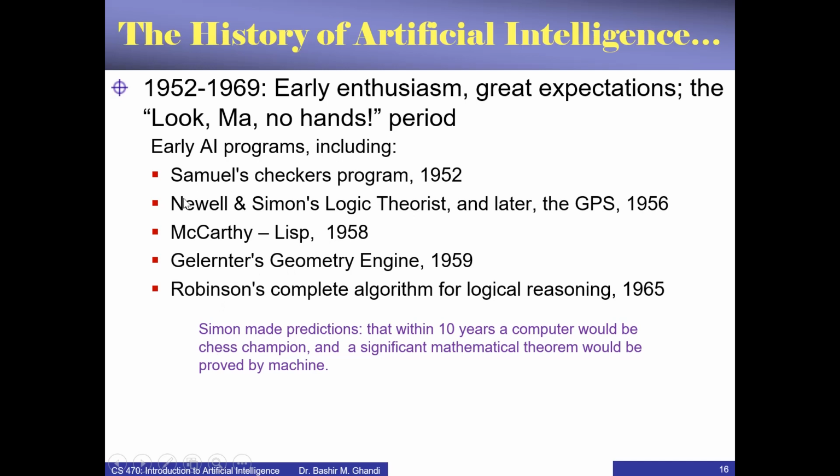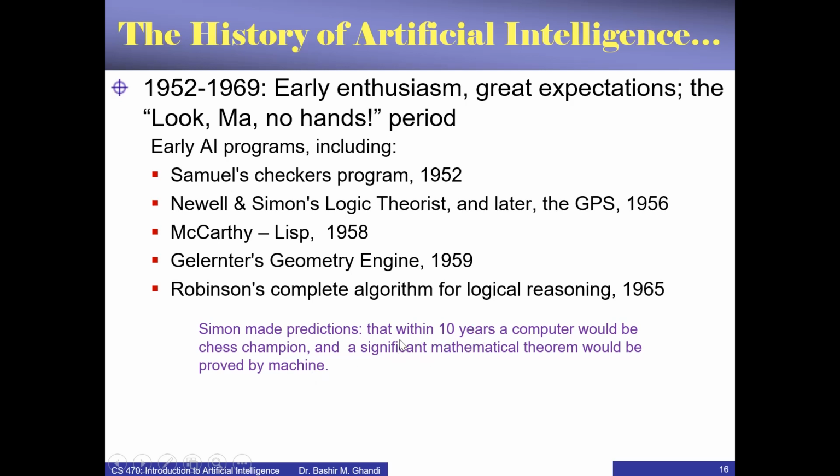It made the people dealing with artificial intelligence so confident and so full of plans for the future. In fact, this is one of the predictions that Herbert Simon made. He said that within the next 10 years, a computer would be chess champion, and a significant mathematical theorem would be proven by machine.